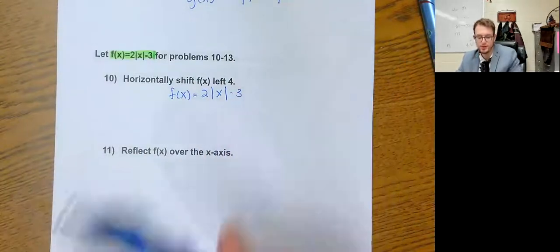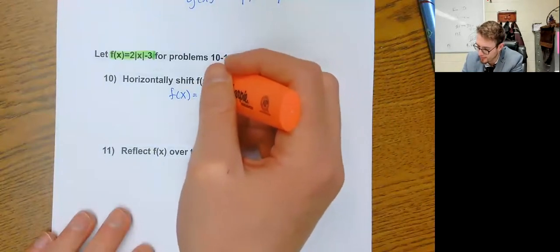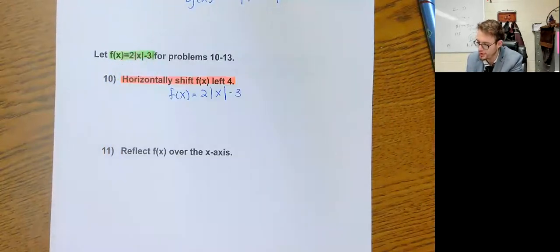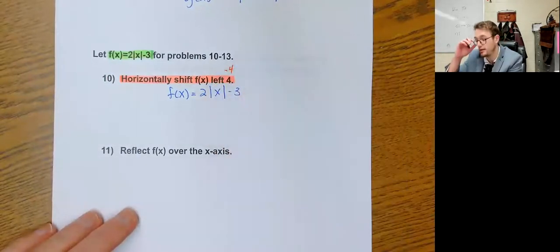We're going to want to horizontally shift f of x left 4. Now, we've done a couple horizontal shifts. That's always minus, and when we're going to the left, that means we are subtracting a negative number. So that is actually minus negative 4.